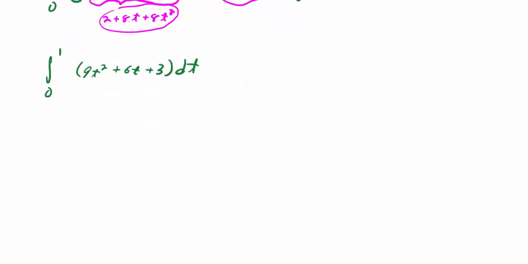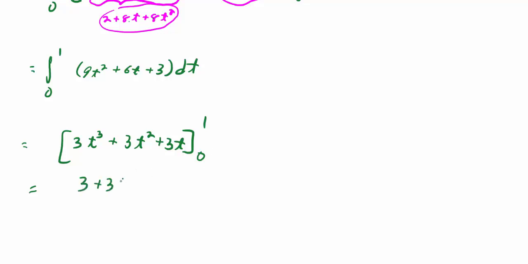And then you get a reasonably easy integral when all is said and done. Integrate, what do you get? 3t cubed plus 3t squared plus 3t. Gosh, you haven't seen one this easy in a long time, have you? So the lower limit's not going to affect anything. It's going to zero out. So it's just 3 plus 3 plus 3. I think that's 9. There we go.